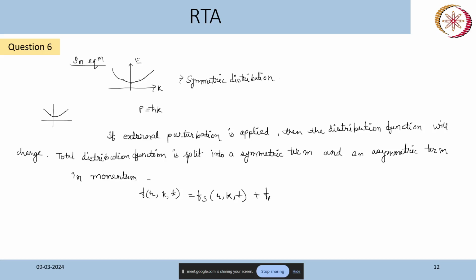We consider that the distribution function does not vary much from the original equilibrium distribution function. So the symmetric term is usually large. We are applying a small field or small perturbation, and the asymmetric term is usually small. Under these conditions, mostly the software solves BTE along with Poisson's equation.